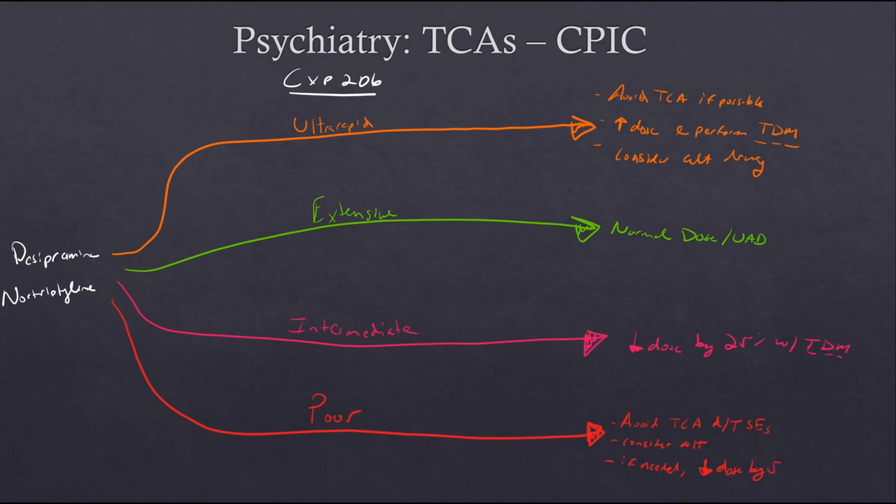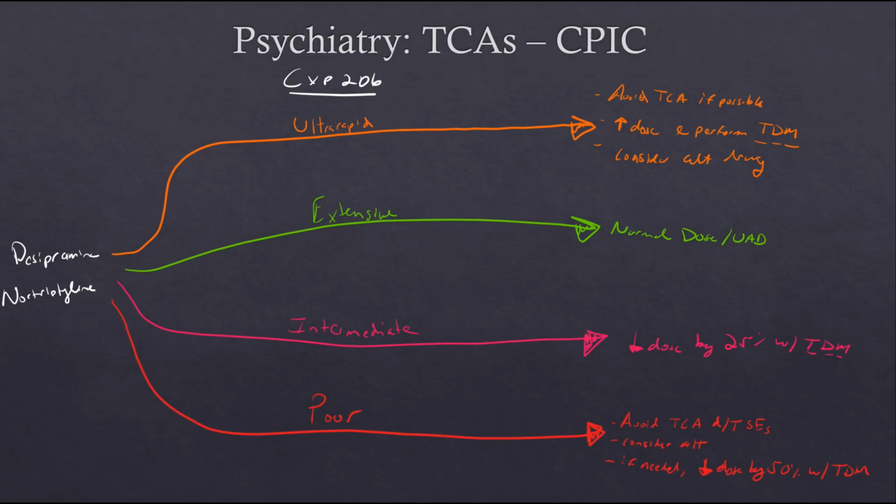And the recommendations, if you're a poor metabolizer, are to avoid the tricyclic due to the side effects, so similar to what we saw with ultra rapids, but this time it's due to side effects. Rather, with ultra rapids, it was due to inefficacy. And to consider an alternative antidepressant not metabolized by 2D6 for these drugs.